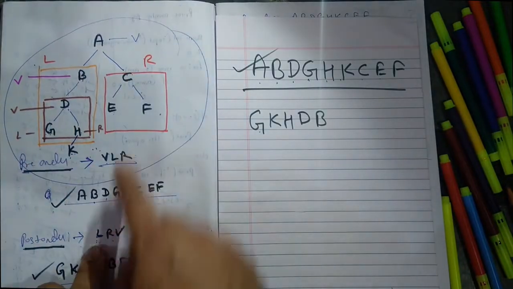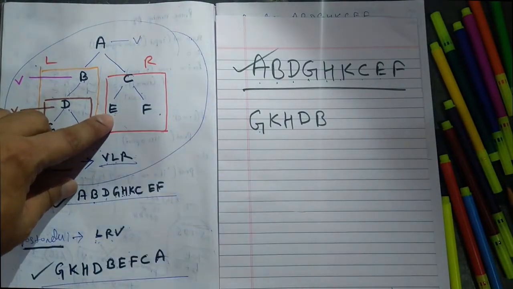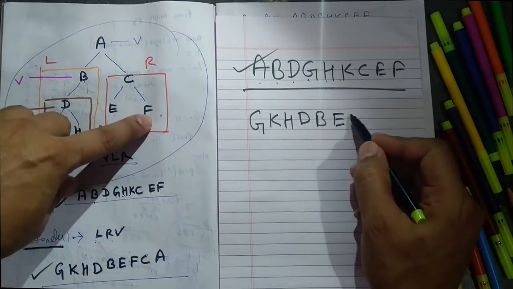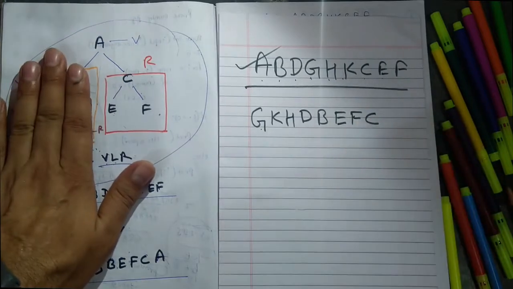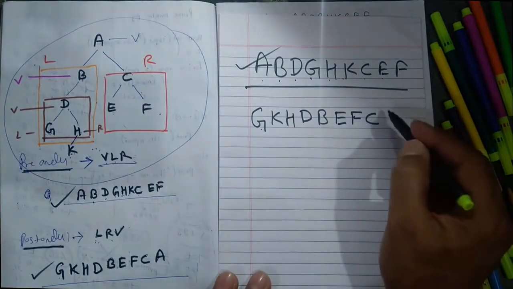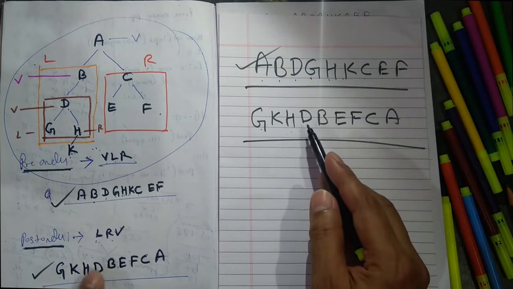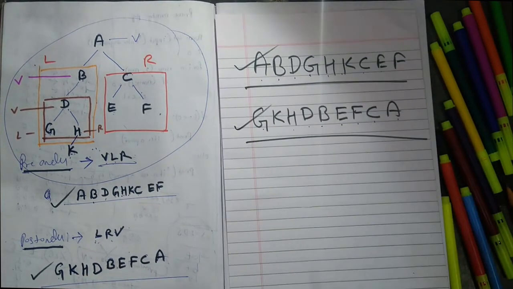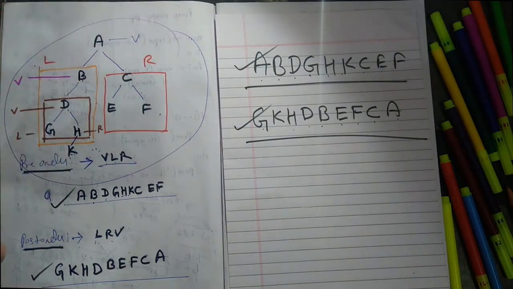In right, left is E, left right root, left right root C. Now left done, already done, right done, already done, root A, very simple. Now see: G, K, H, D, B, E, F, C, A. It means that our solution is correct, this tree is correct.